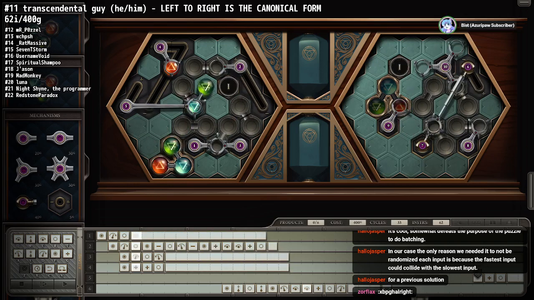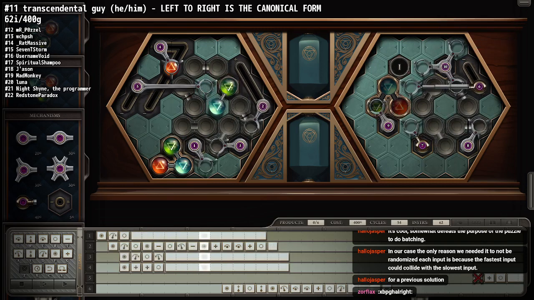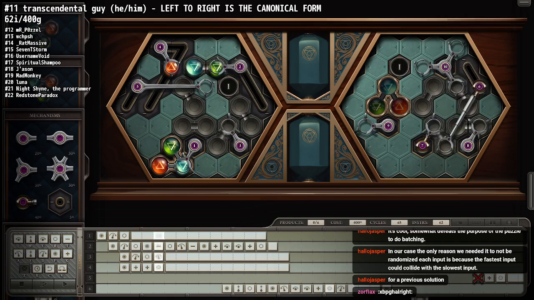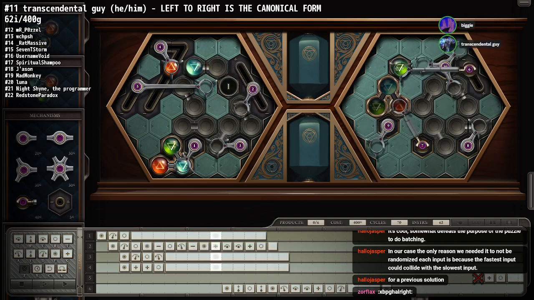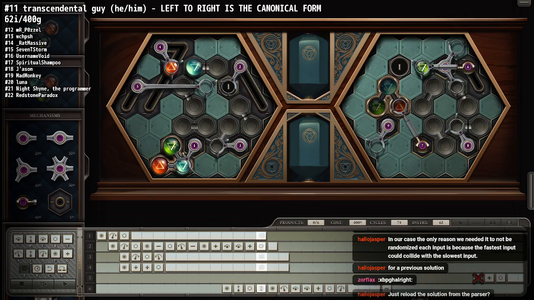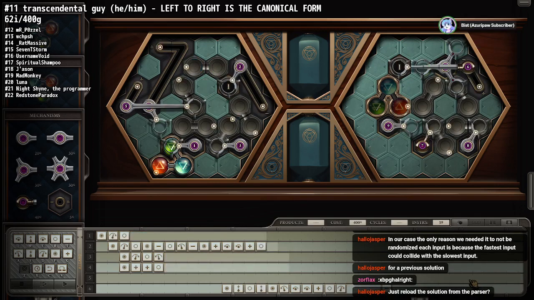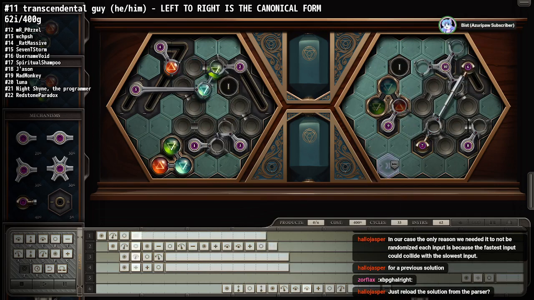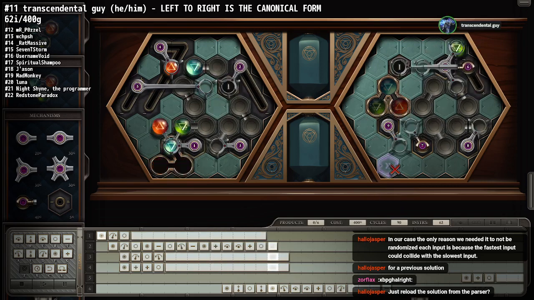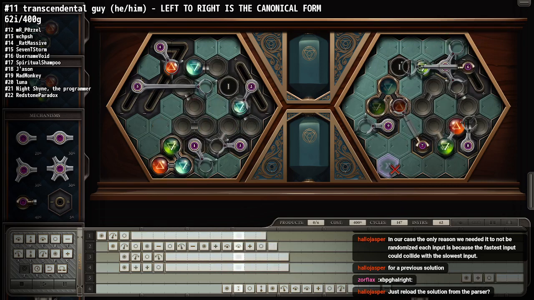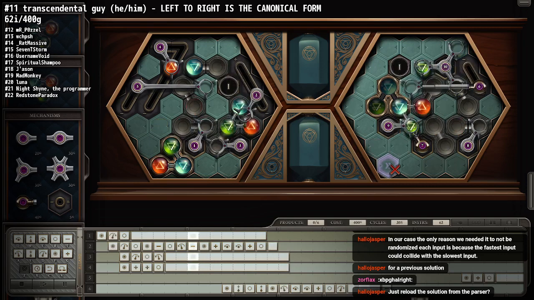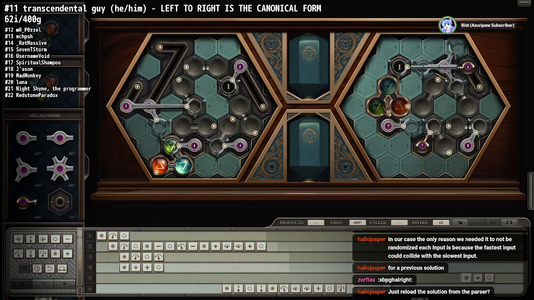It does send in the earth a little late. Is that supposed to be correct? I think it's a little bit too late. Alright, I'll try to move it until it works. Right, I think that works.